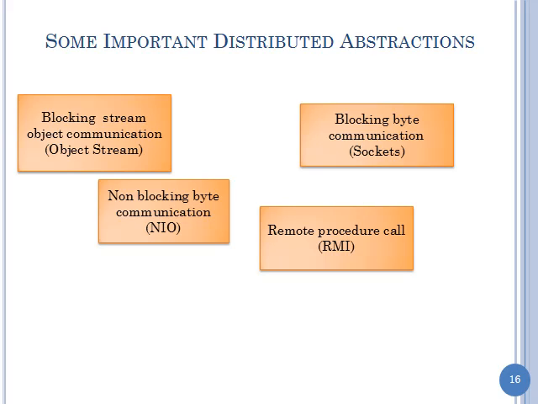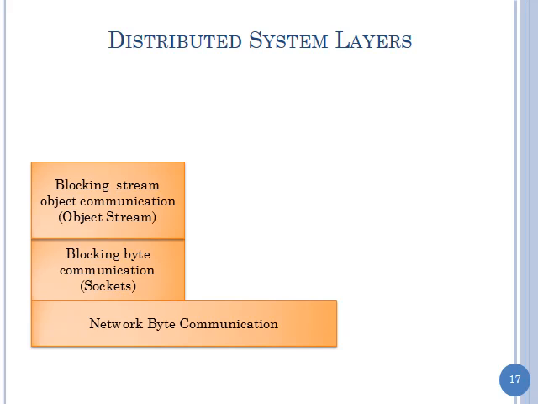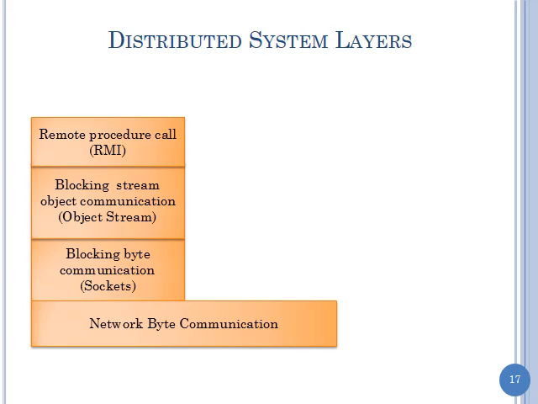So you can put these things in layers. There's network byte communication. There's blocking byte communication, which is sockets. There's blocking stream object communication, where you're sending arbitrary objects. And then remote procedure call, which involves passing parameters.